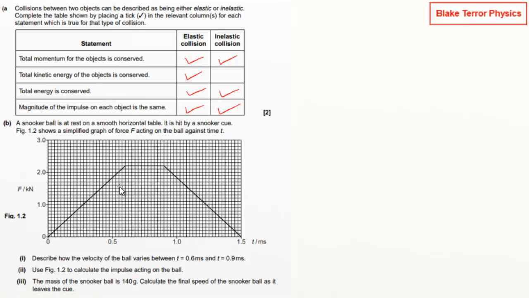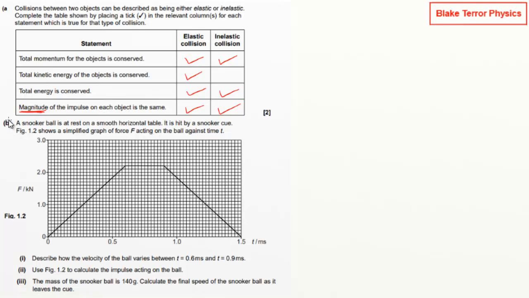So we get equal and opposite impulses acting. That's why they've said magnitude here. The magnitude is the same, it's the direction that changes. So we've got seven ticks here. It's just this one for kinetic energy on the inelastic collision, so that's the only one you really need to keep in mind.